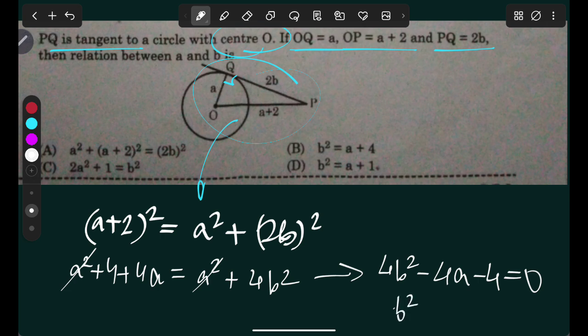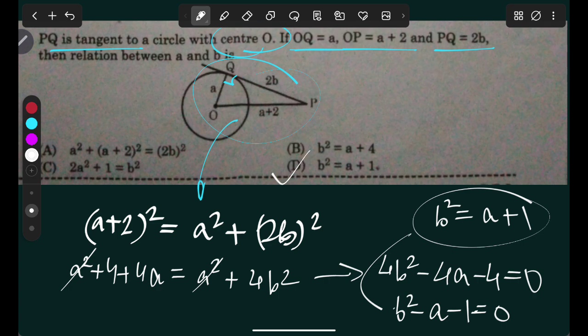So b square minus a minus 1 equals 0. So b square is equal to a plus 1. That is option number D, the correct answer.